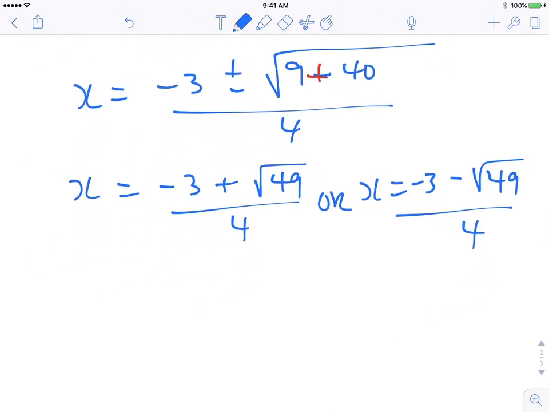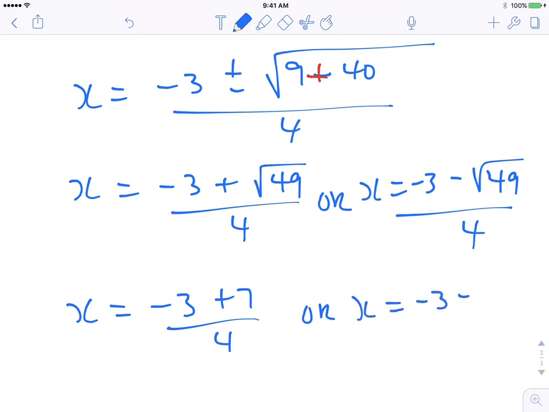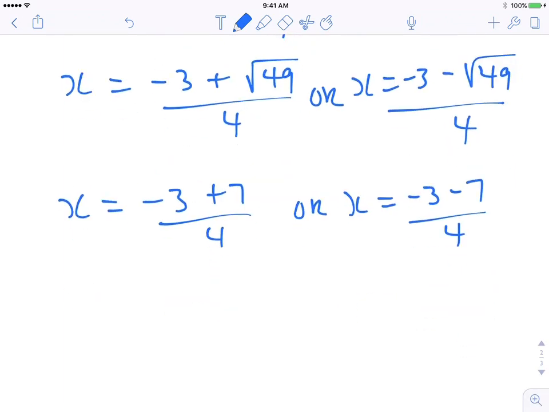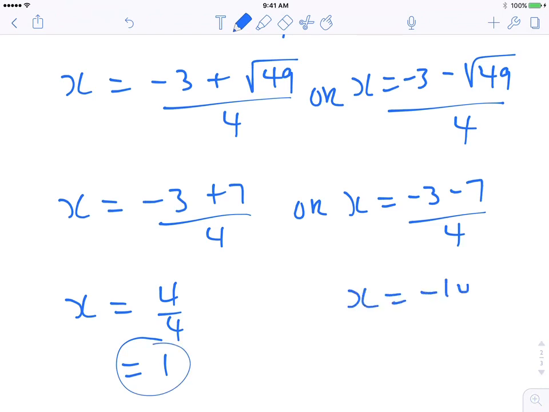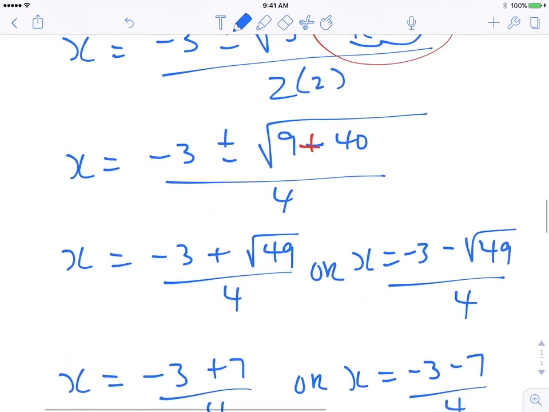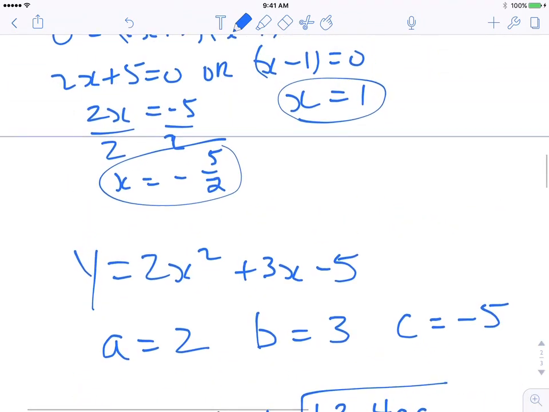Okay, so now we have x equal negative 3 plus 7 divided by 4, or x equal negative 3 minus 7 over 4. Now we have x equal positive 4 over 4, which is equal to 1, so that's one root. Or we have x equal negative 10 over 4, but if you reduce that, you get x equal negative 5 over 2. And you'll notice that negative 5 over 2 and 1 were the same roots that we got over here.